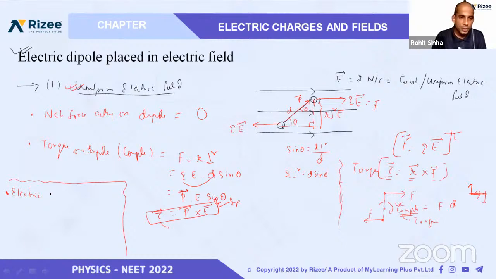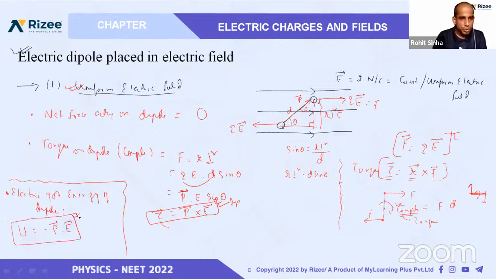Now, electric potential energy of a dipole. What is the electric potential energy of a dipole? It is defined as U is equal to minus P dot E. Remember this formula.